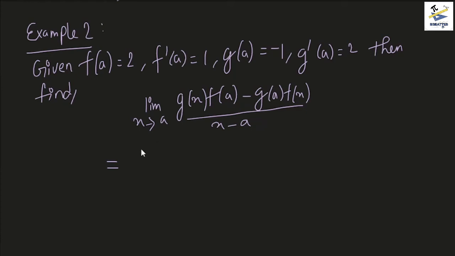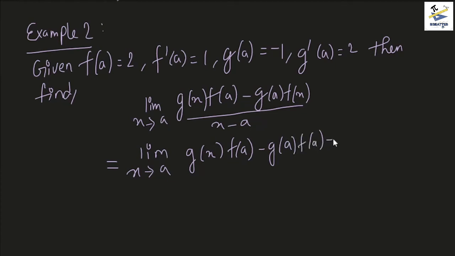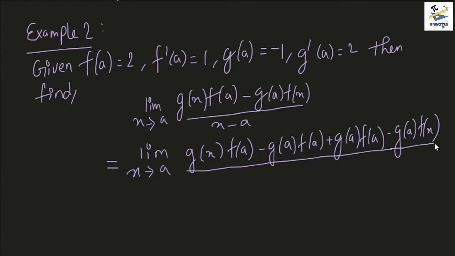Now the limit as x tends to a of g(x) times f(a) minus g(a) times f(x). What we are going to do here is something like this. We are going to add and subtract g(a) f(a), minus g(a) times f(x), and we are going to draw a line, x minus a.